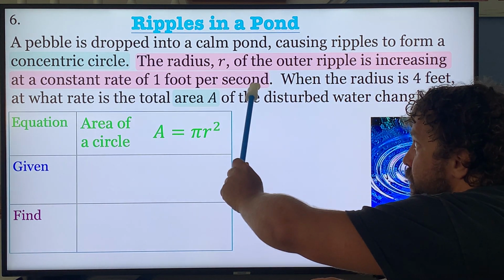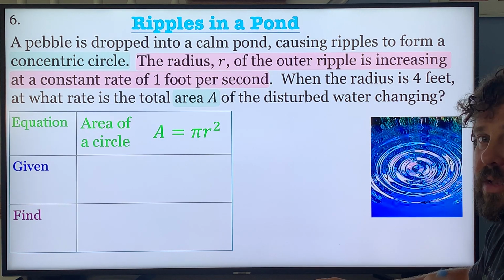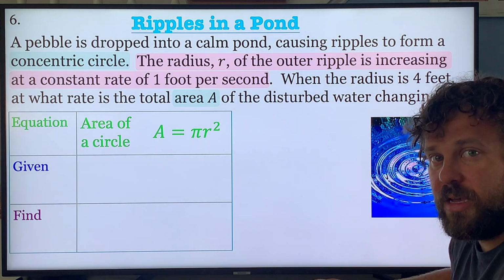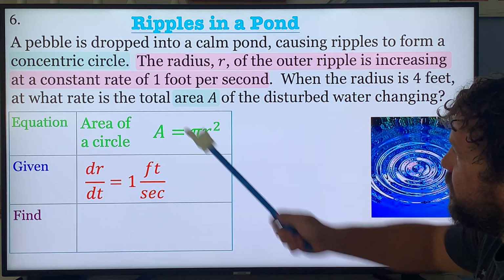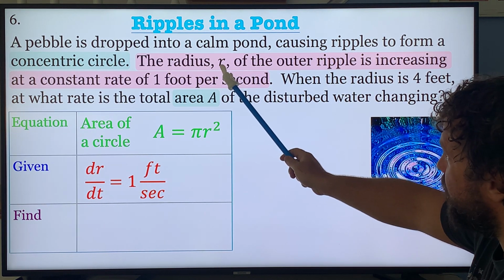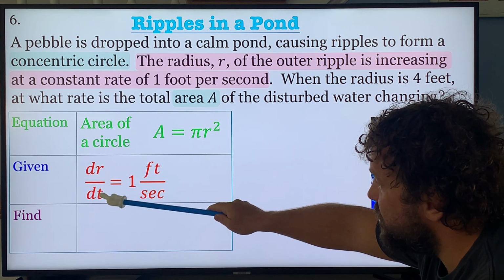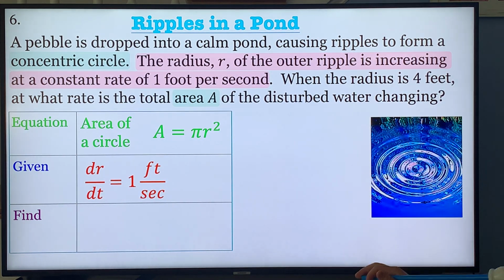Per second, per time unit. So anytime you see that, it's something over dt. Since the radius is increasing, it's dr dt, which is 1 foot per second. So you got radius, increasing, rate. That means dt. Per second, dt. So 1 foot per second.